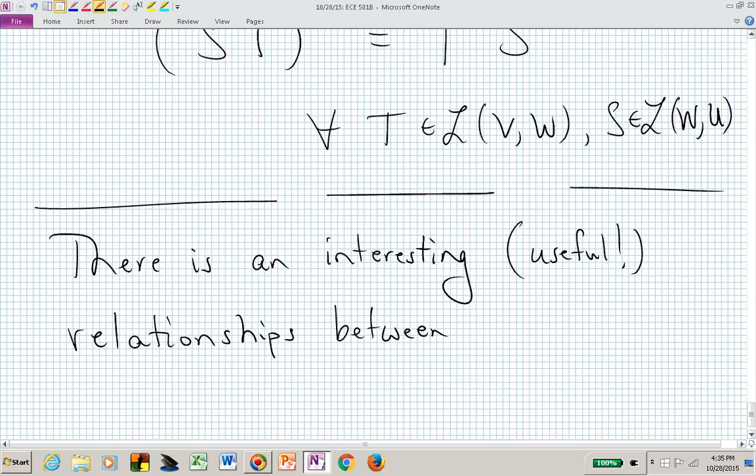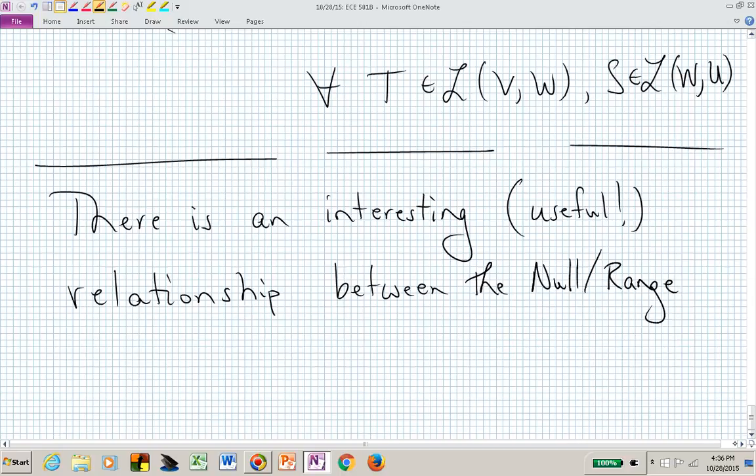Or maybe there is an interesting relationship between these spaces, these null and range spaces of T and T dagger.